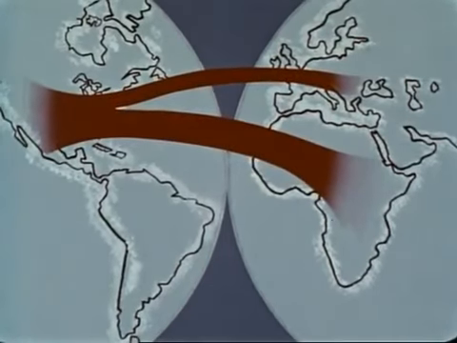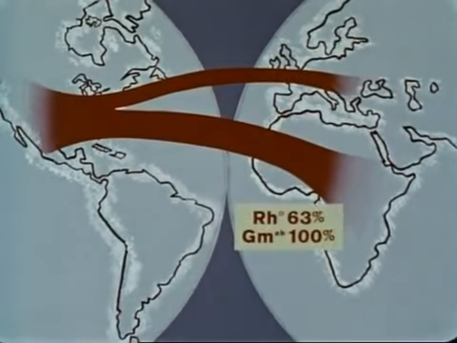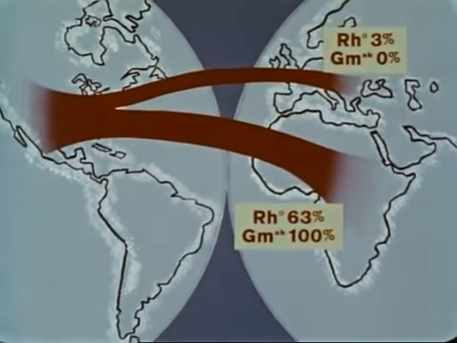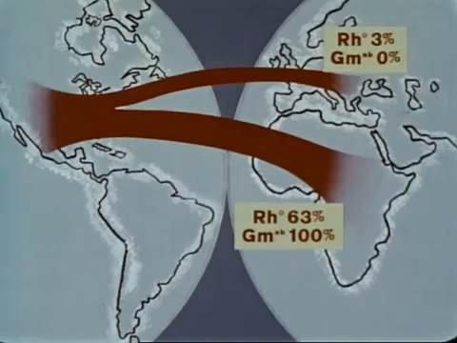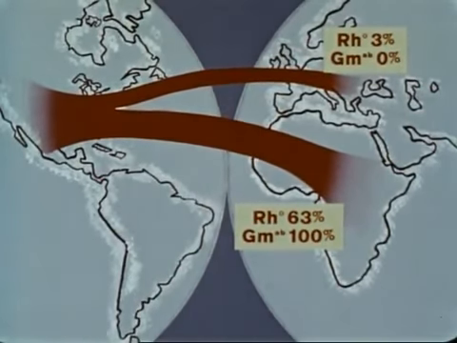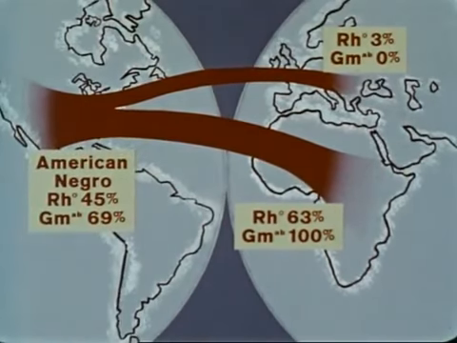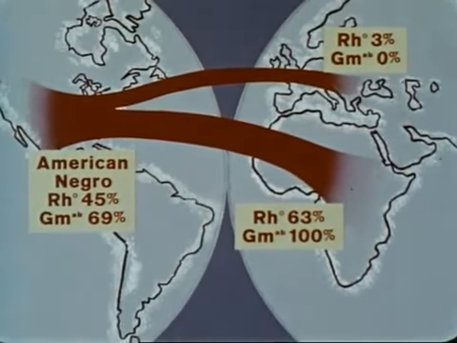Several genes occur in Africans south of the Sahara in relatively high frequency, but are rare or absent in Europeans. These include a particular Rh type, several other unusual blood groups, and a particular gamma globulin type. Estimates using these markers indicate that the present-day American Negro has about 30% of his genes derived from European ancestors.